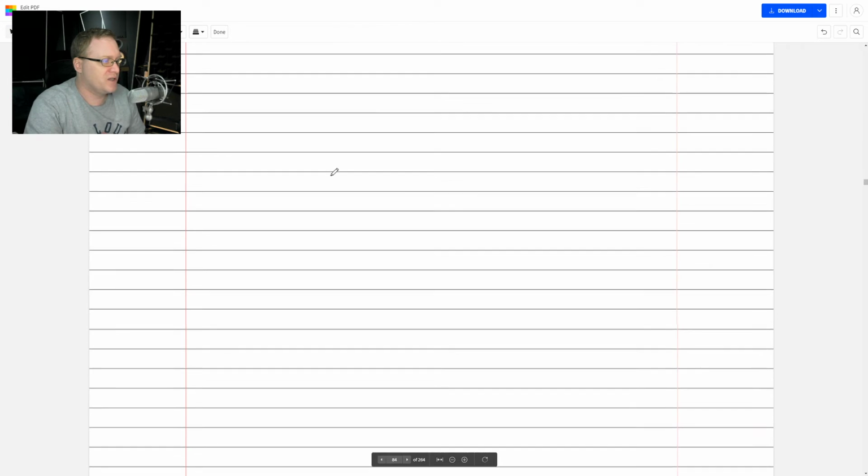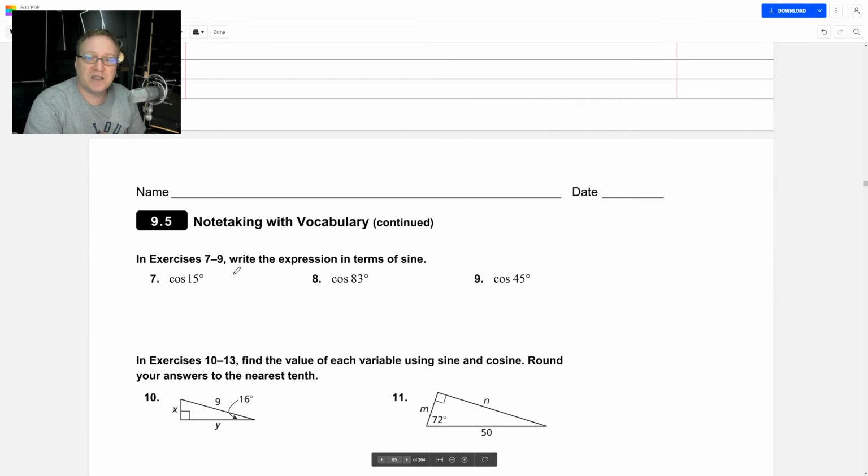Up here, the cosine of an angle is equal to the sine, and we want to write it in terms of sine of 90 minus that. So cosine of 15 equals the sine of 75, because 90 minus 15 equals 75.